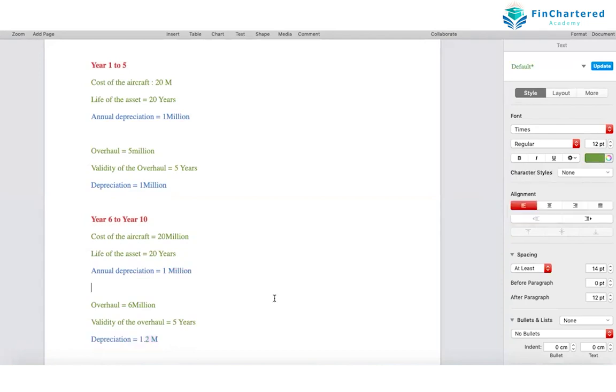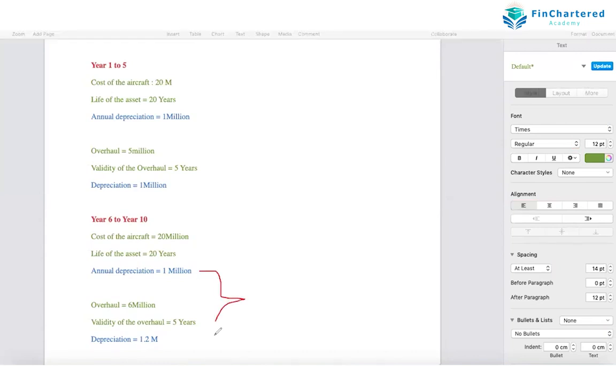Therefore, the depreciation from year 6 to year 10 is per annum 2.2 million. And from year 1 to 5, the depreciation per annum is 2 million. This is what illustration 5 explains.